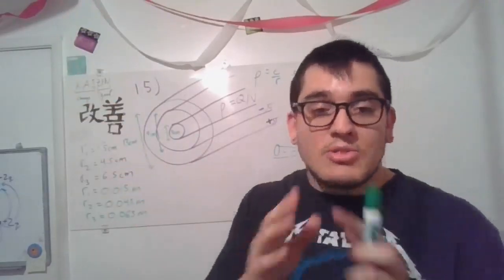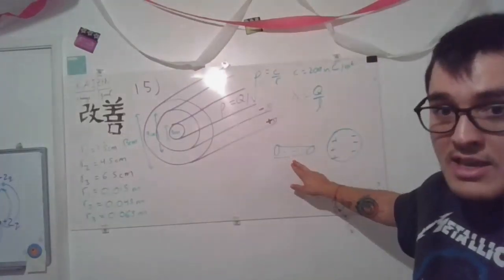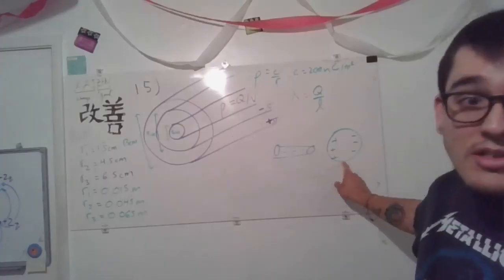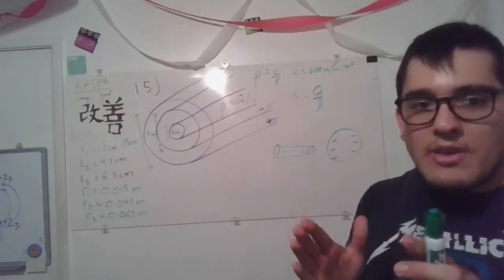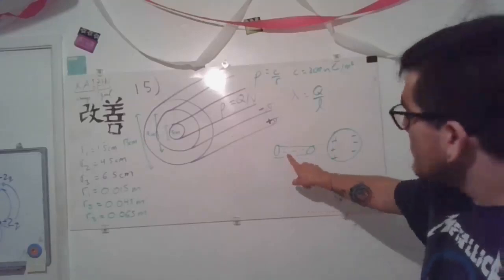Those negative charges on the balloon are much like these negative charges. They induce the charge separation on the wall, or in this case, on the sphere.